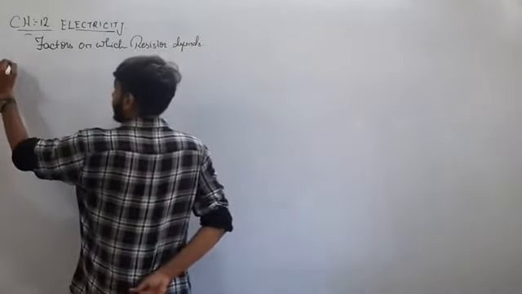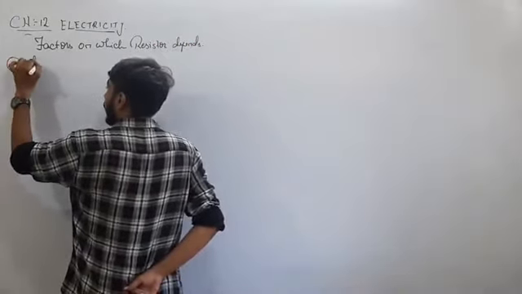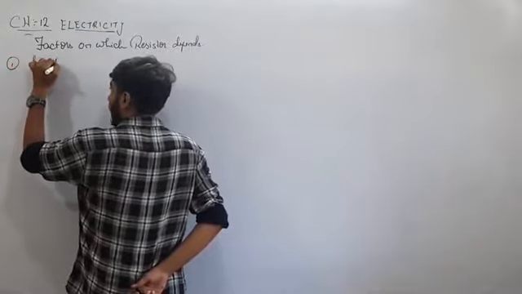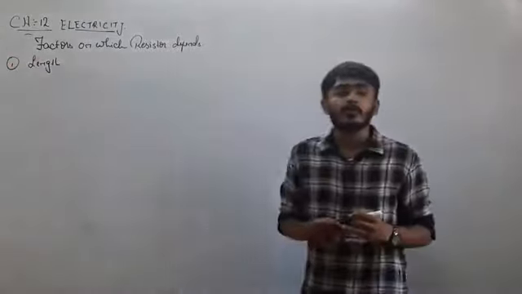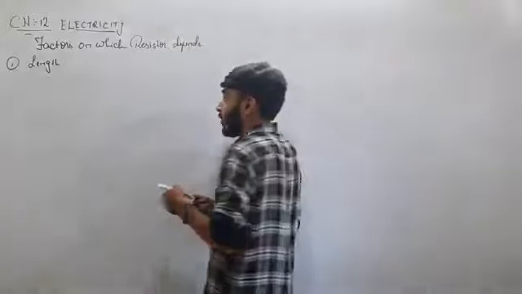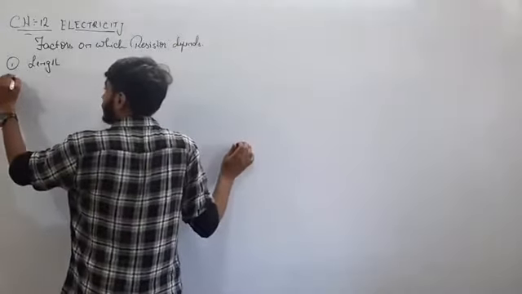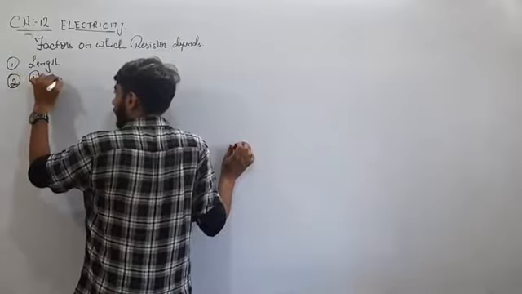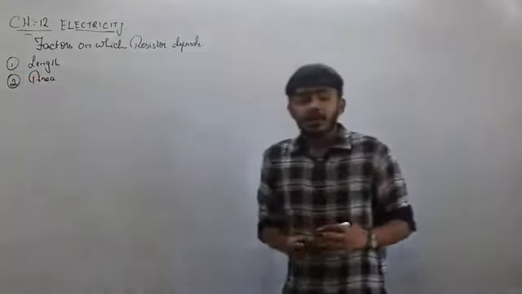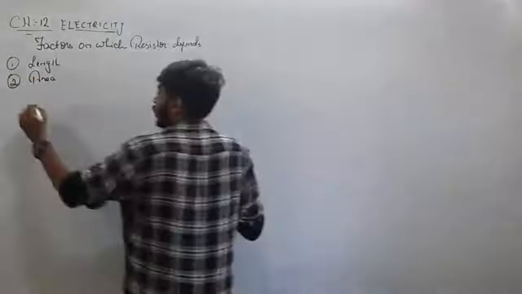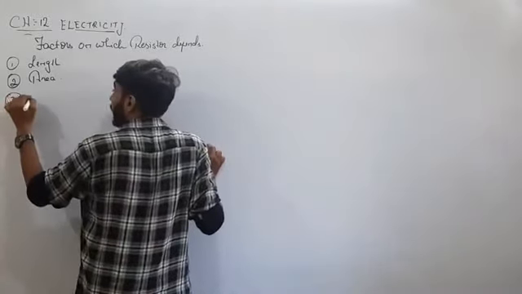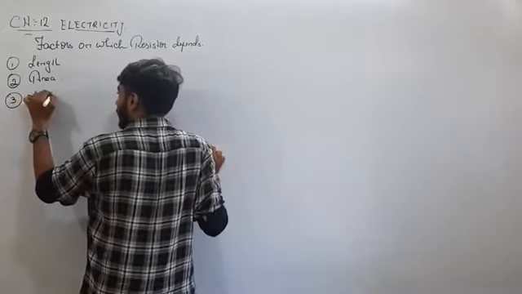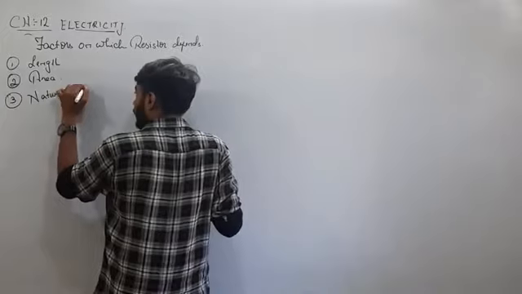The first thing is the length of the wire. The second thing is its cross-sectional area. And the third thing is the nature of the material.